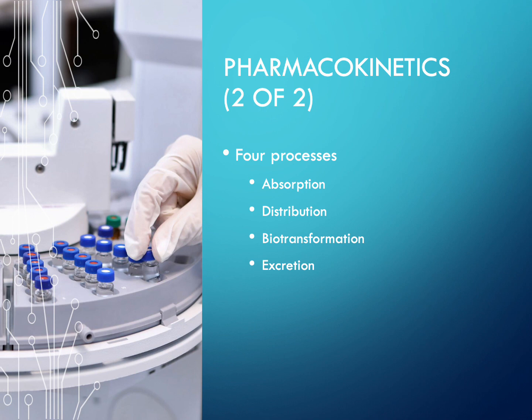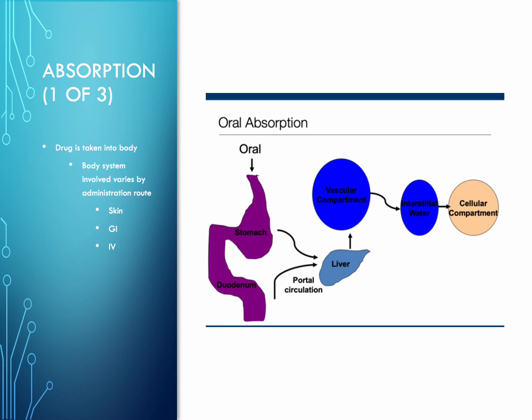So you can think of pharmacokinetics as the force or effect that the body has on a medication as it moves through the body. The first step in pharmacokinetics is absorption. In absorption, the drug is taken into the body and moves away from the administration site and towards the bloodstream. Its goal is to get in the bloodstream.